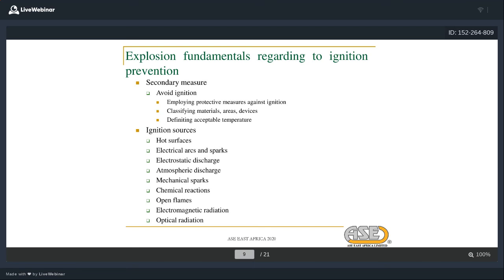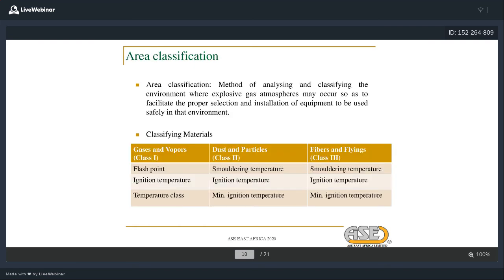Mechanical sparks, so to avoid using tools which can create sparks and cause explosion. Chemical reactions, open flames, electromagnetic radiations, and optical radiations.